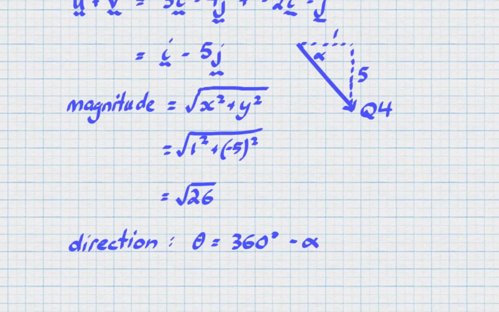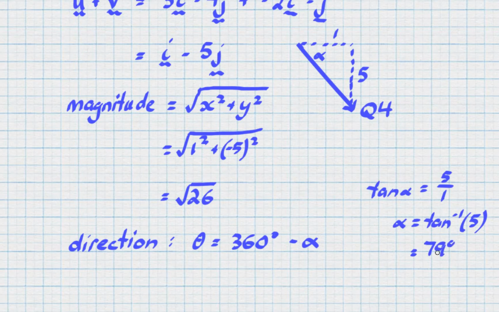Well, looking at the right angle triangle, we're using the opposite and the adjacent, so we've got tan. So tan of alpha will be 5 over 1, which means the angle we're after is inverse tan of 5. When we calculate that, it comes out to be about 79 degrees.